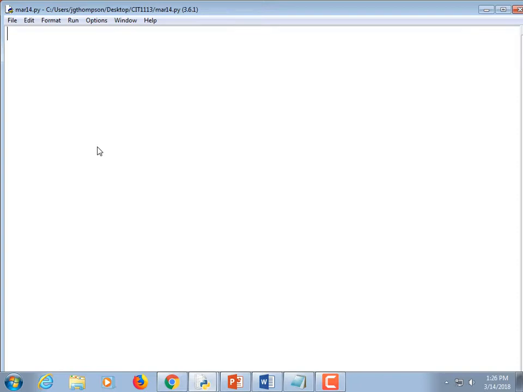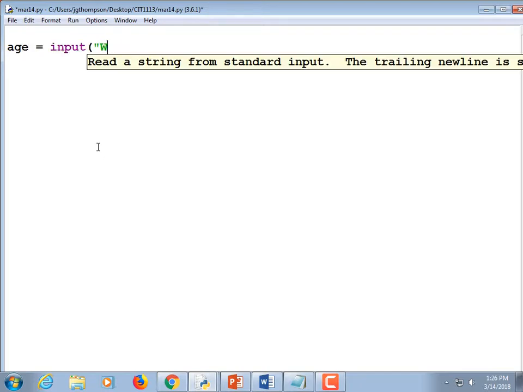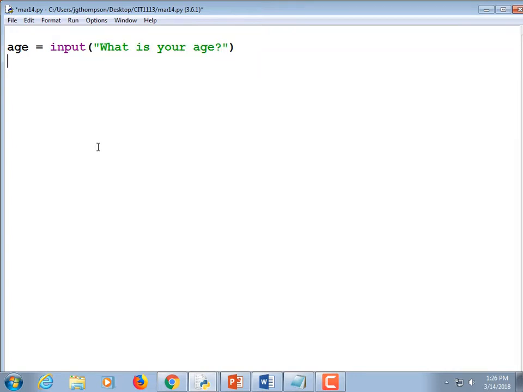We're going to ask the user a few questions, four things. Age is equal to input, what is your age? And then we have to convert it to a float because I'm doing real programming rather than pseudocode.